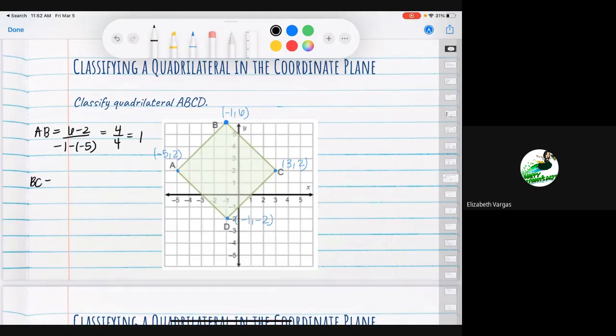Okay, same thing. For this one, I want to do all of the different sides because I want all the angles to be right angles, right? So I'm going to do all the sides.